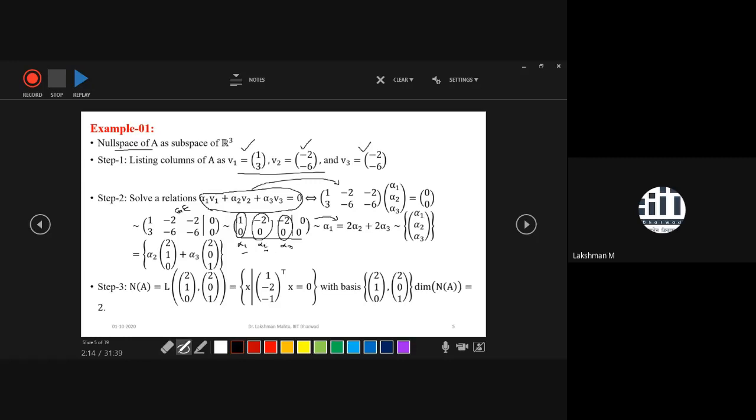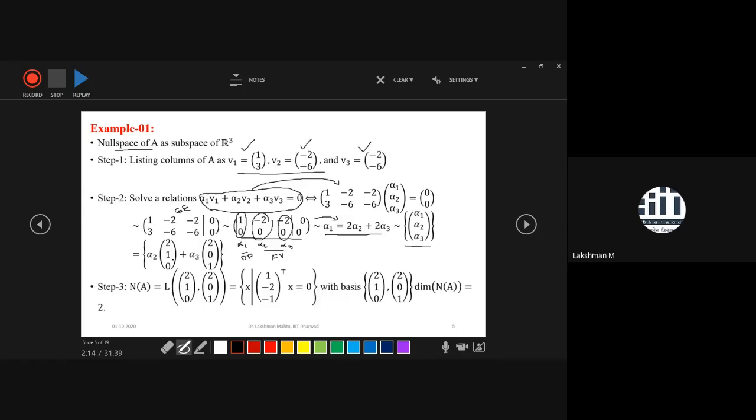So these two are free variables, or independent variables, you can call them. Always, in order to find a basis, we have to write this from the solution space perspective. Here alpha 1 is dependent, but alpha 2 and alpha 3 are free variables. So we write the solution space in a proper form in this way.